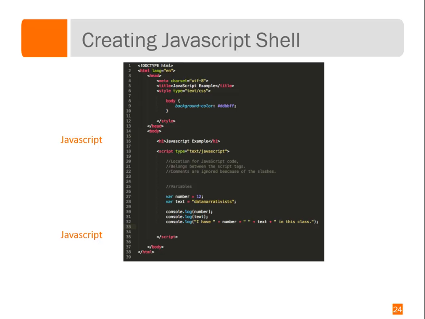So the first thing, we'll console log the number, then console log text. So we'll write both of those out to the console, the number and the text that we stored. And then the last one, we'll write out a text statement that inserts both the number and the text variables. So those are the three things that we'll write out to the console log.